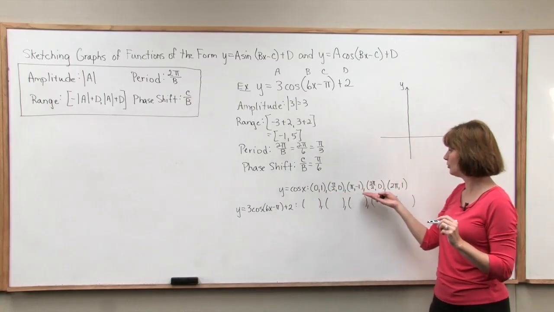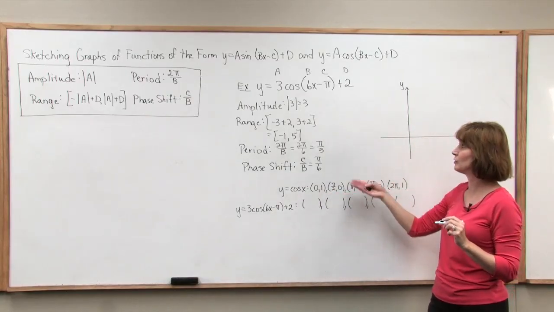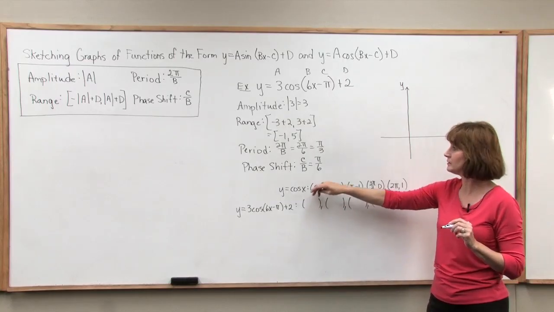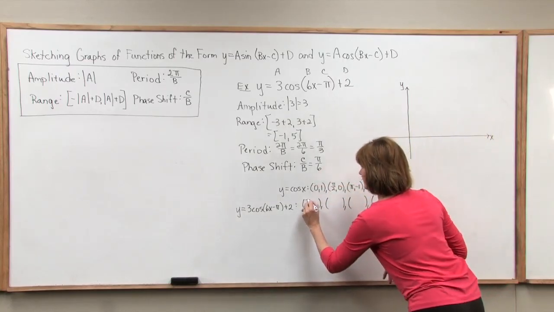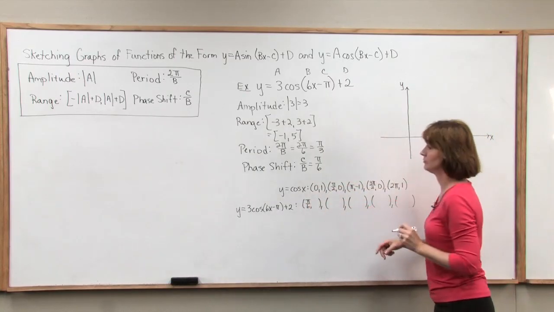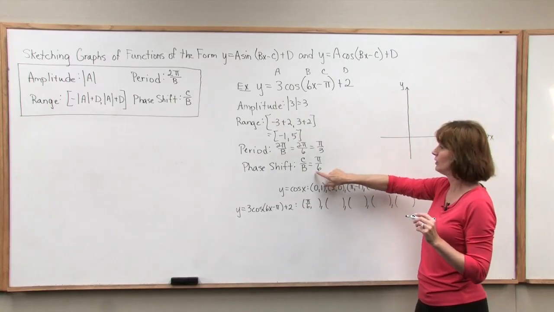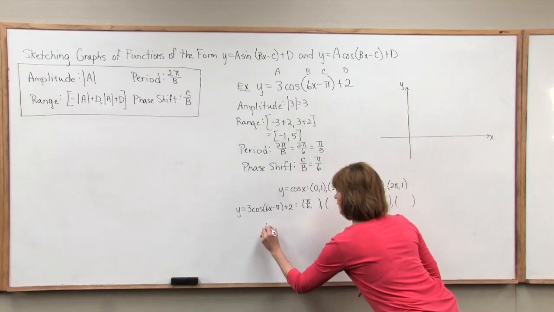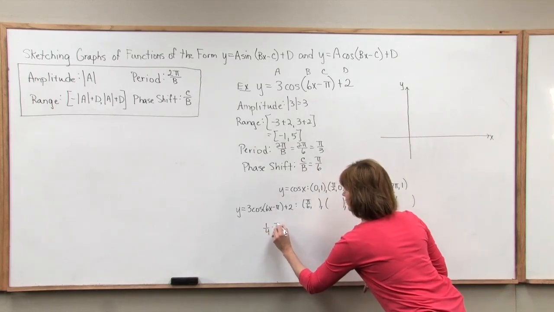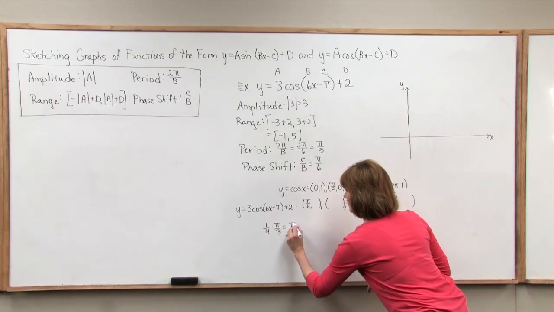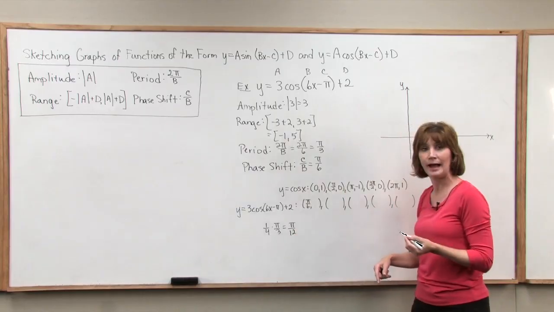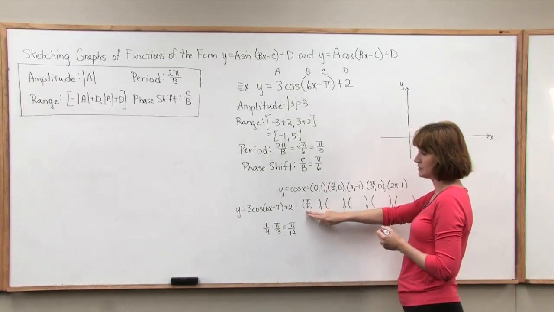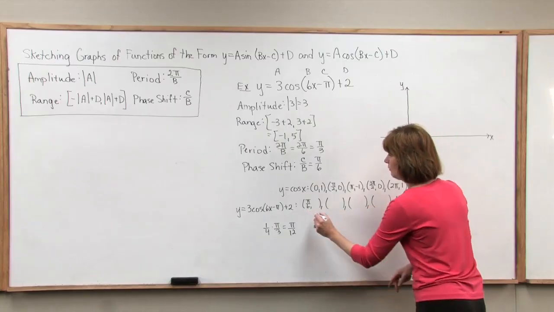Now, I've listed the quarter points for y equal cosine x. Let's get the quarter points for this function. The first x coordinate is your phase shift, so pi over 6. Now, remember what you add to each of these quarter points. We need to find 1/4 of the period. 1/4 of pi over 3 is pi over 12. So what I want to add to each of these x coordinates is pi over 12. Think of pi over 6 as 2 pi over 12.